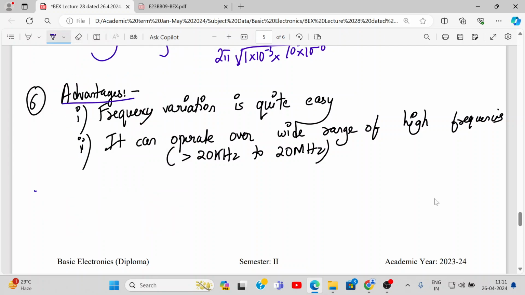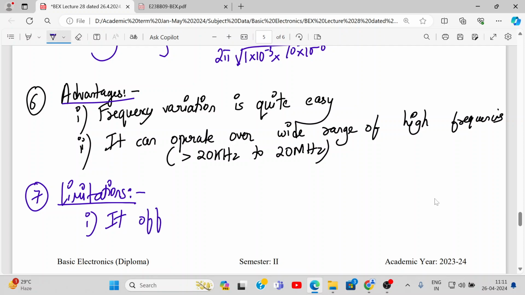So let's write down the disadvantages, limitations. The first limitation is it has poor frequency stability. So frequency is not stable with respect to time.